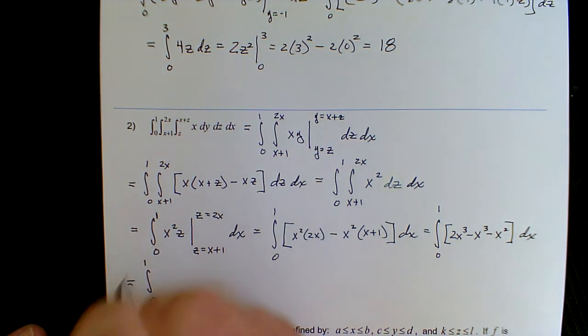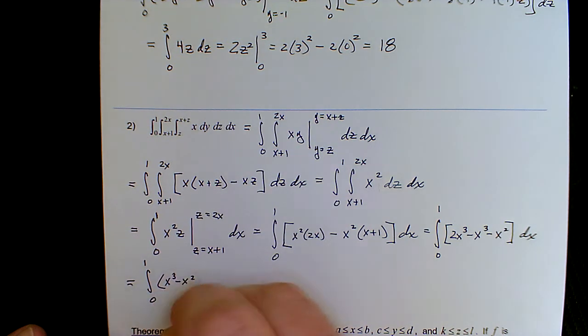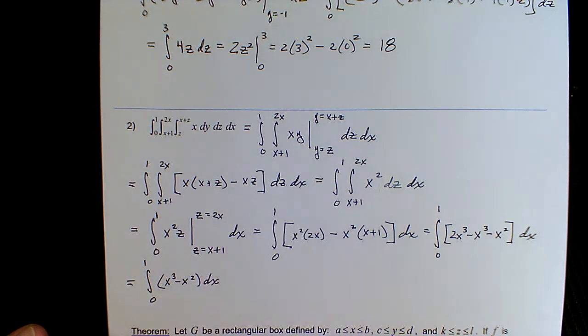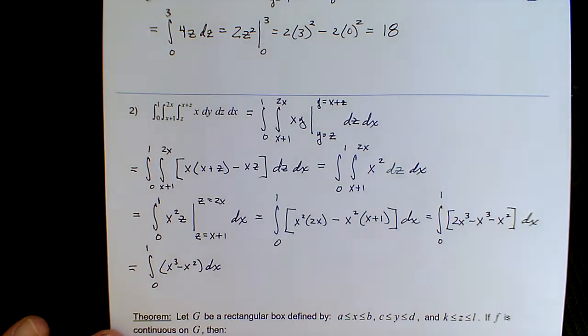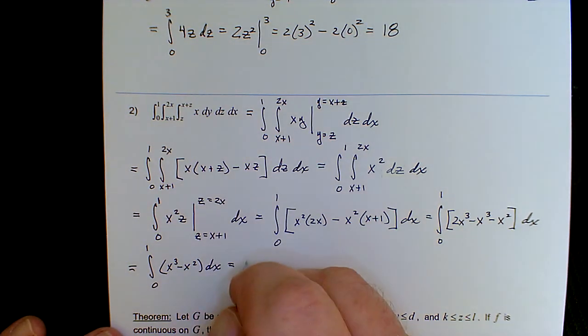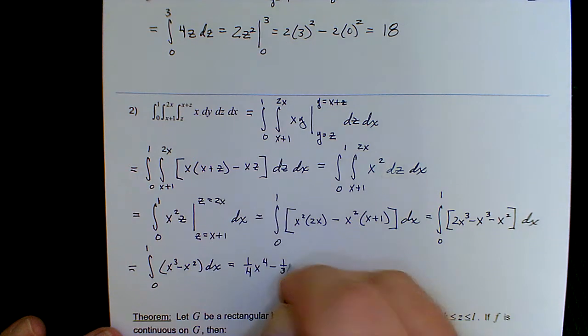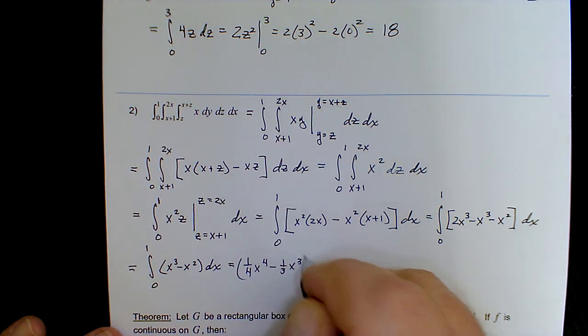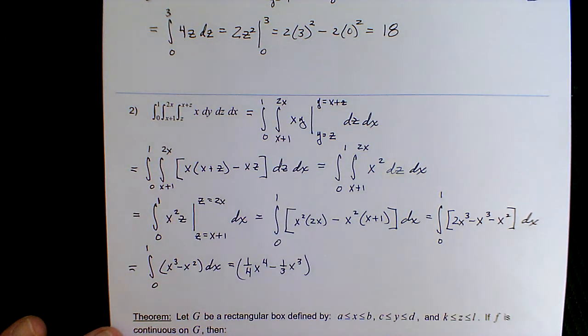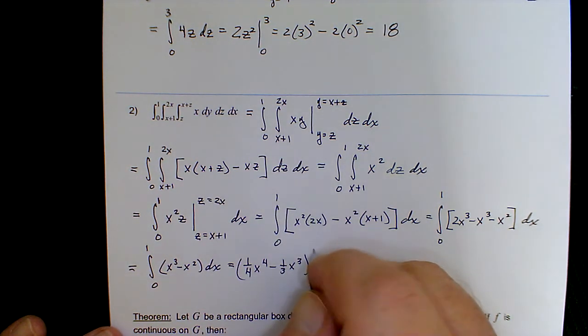So that's the integral from 0 to 1 of just x cubed minus x squared with respect to x. And so then integrating, we get 1/4 x to the 4th minus 1/3 x cubed, all evaluated from 0 to 1.